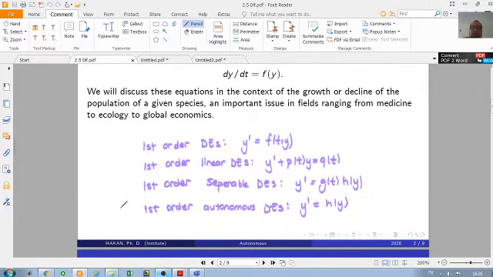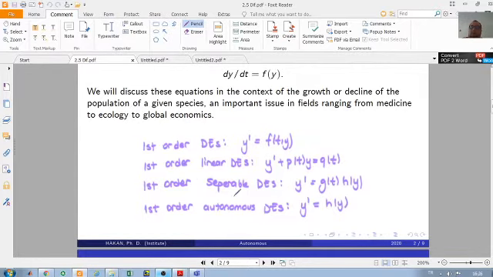First of all, let's remember some general formulas for differential equations. First order differential equations have the form y prime is equal to f of t, y. This is the most general form. If you remember, linear first order differential equations have the form y prime plus p of t times y is equal to q of t.